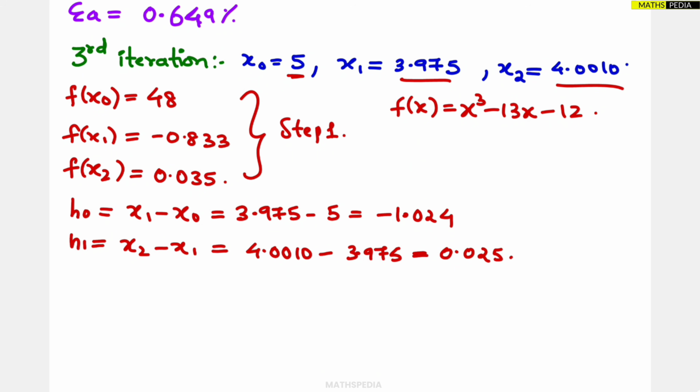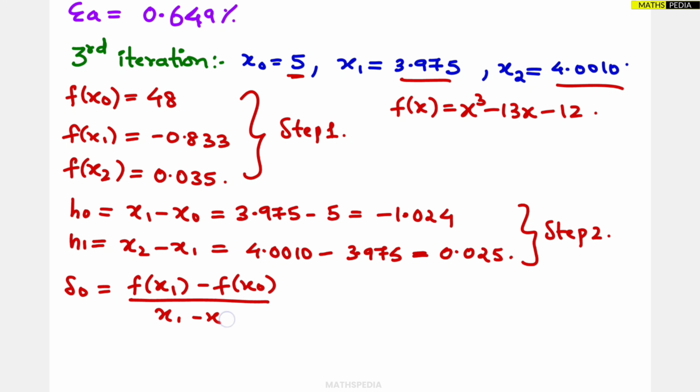Now this is step number 2. Step number 3 is to find delta naught and delta 1. Delta naught becomes f of x1 minus f of x0 divided by x1 minus x0. So f of x1 and x2 you substitute.